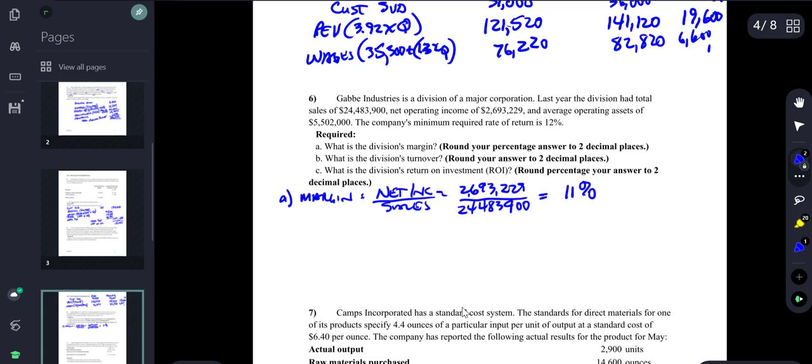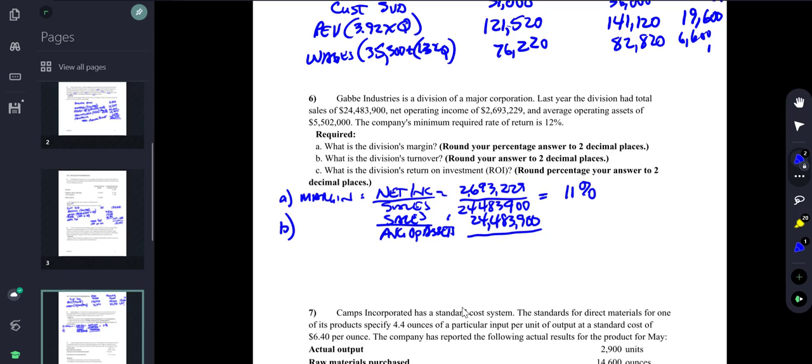For the second item, we're looking at turnover. For turnover, we're going to look at sales divided by average operating assets. This will be sales of 24,483,900, divided by average operating assets, which are 5,502,000 even.